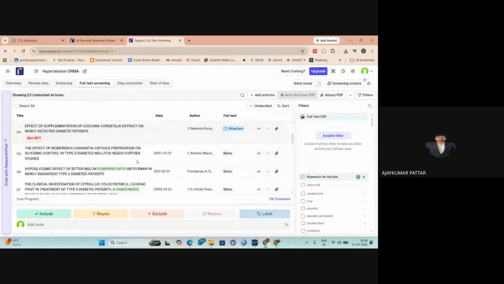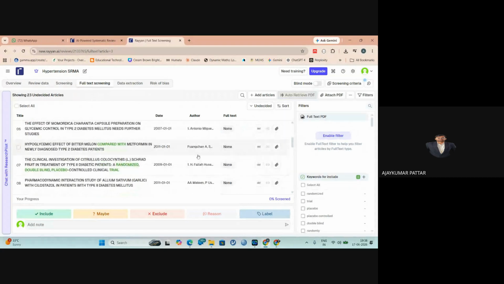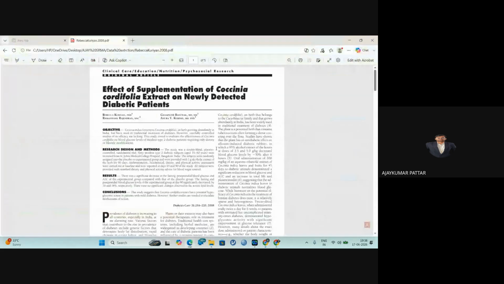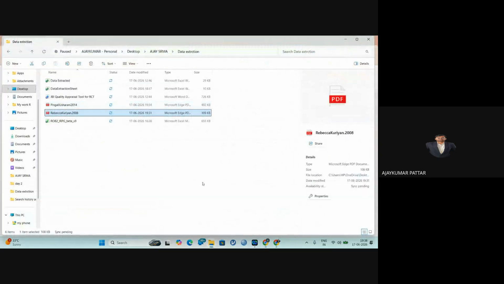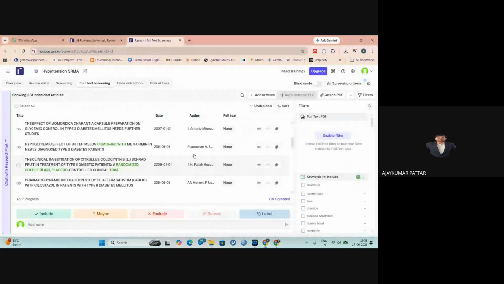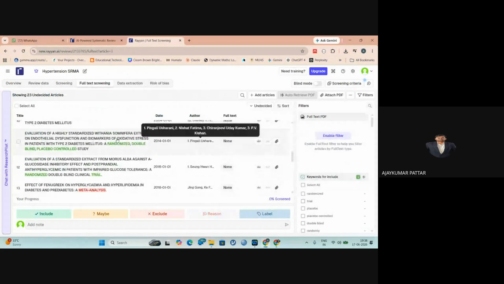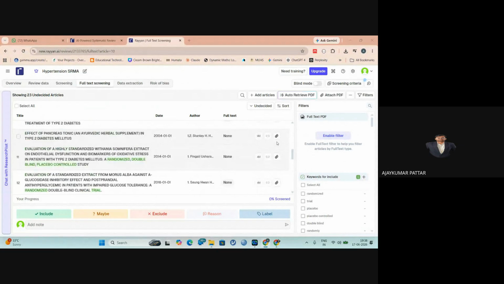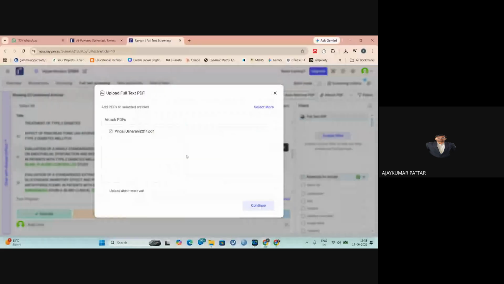Another paper which we have downloaded is by author Pingali Usharani. So here, Pingali Usharani, I will click here, then I will attach the PDF. I will click continue.